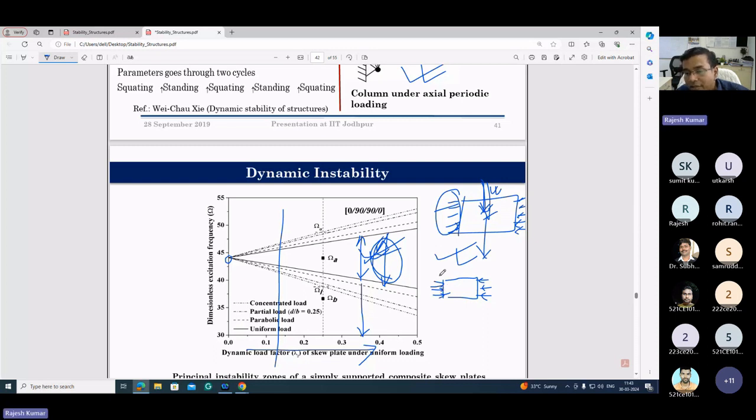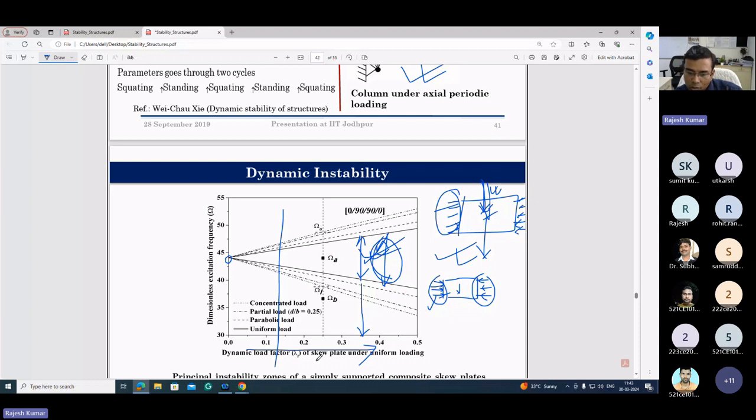And the loading, whatever is there, is dynamic, and what will happen? Because some load is applied, which has an amplitude and a frequency, and there is the transverse frequency of the members in the transverse directions. A certain combination of these three will come into the picture where a structure will be dynamically unstable.